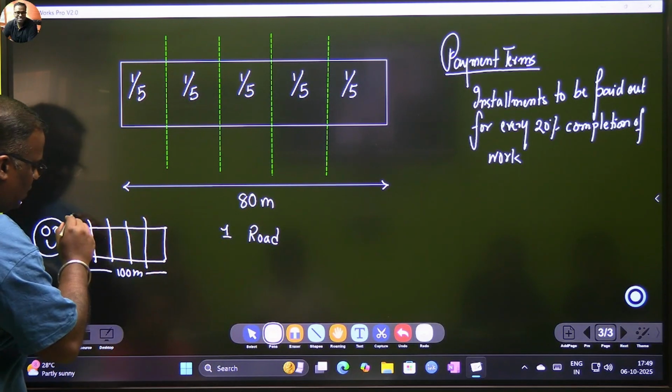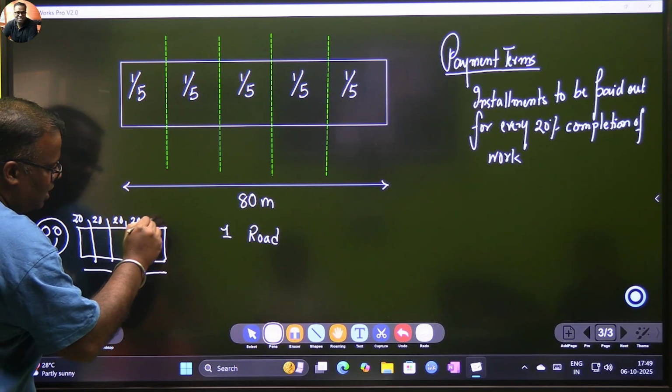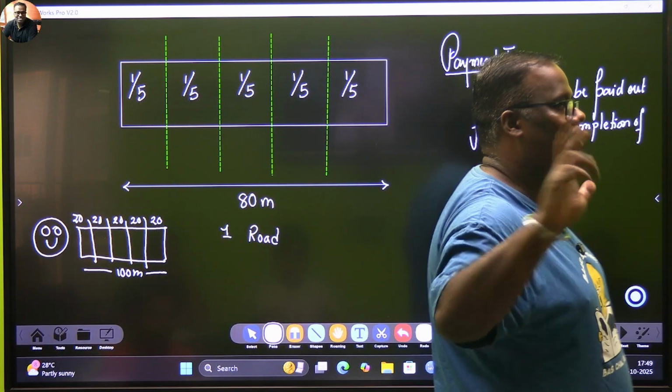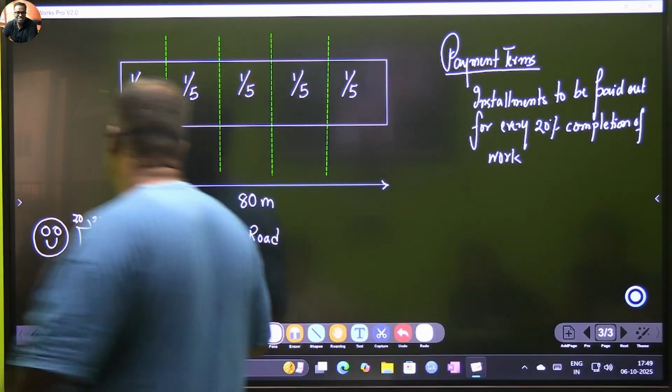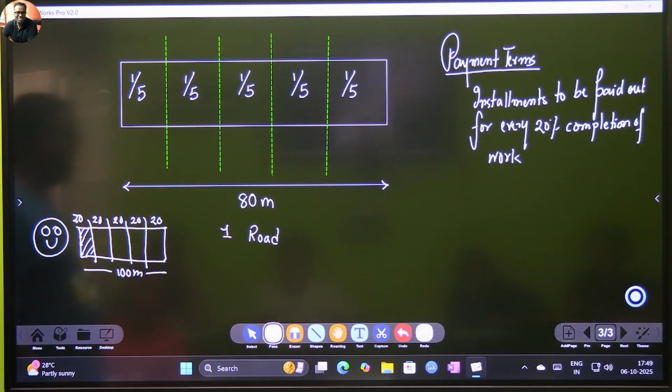So if he takes 20, 20, 20, 20, 20, how many 20s did he divide into? 5 20s to complete the job. And for every 20 that he makes the road, we are going to give him a payment. Agreed?